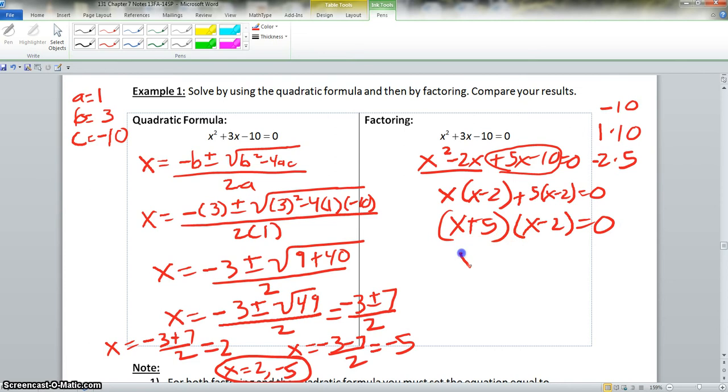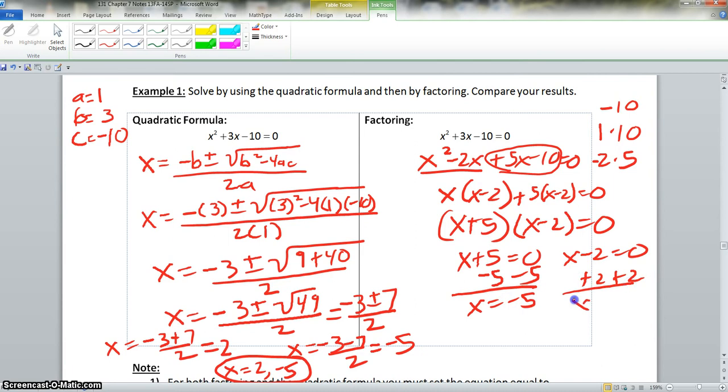We'll set both of these parentheses separately equal to 0. We subtract 5 on both sides, and x is negative 5. We add 2 on both sides, and x is 2. So our final answer is exactly the same as it was using the quadratic formula.